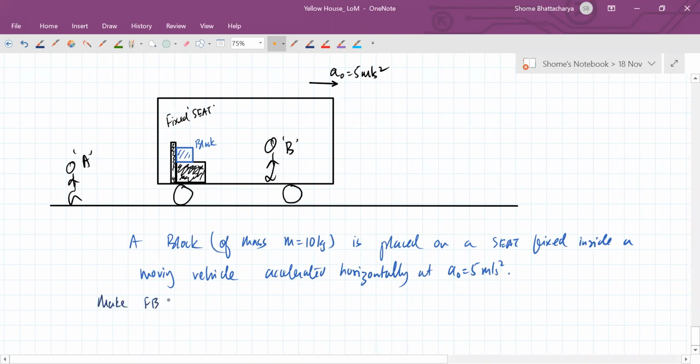So make the free body diagram for the block in A's frame.